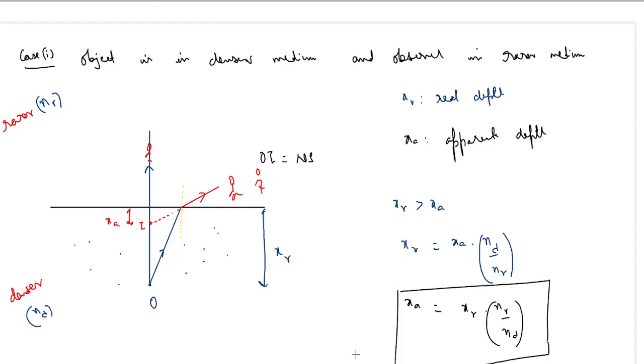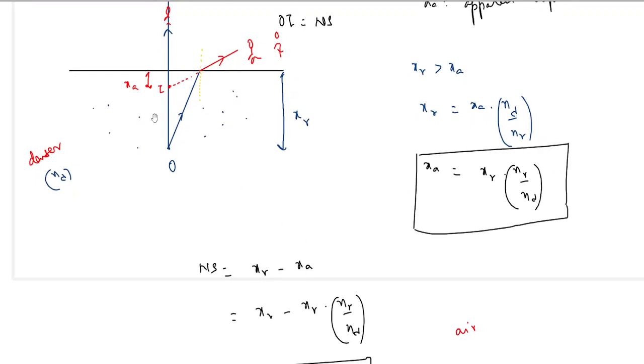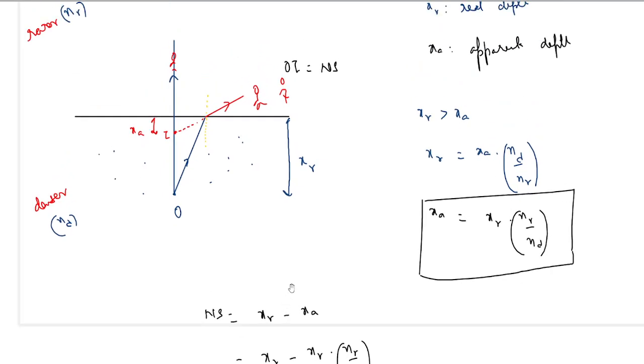Because what matters here from the expression is that it only depends on 2 parameters. It only depends on their relative refractive indices and also the height of this medium. But the effective distance between the object and the observer would change. The normal shift doesn't matter at all.